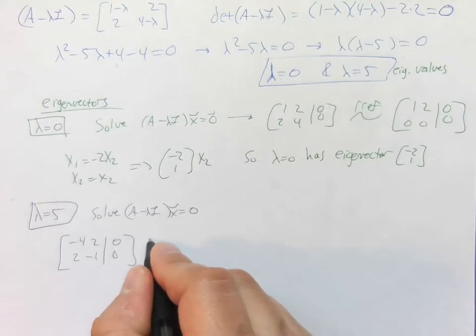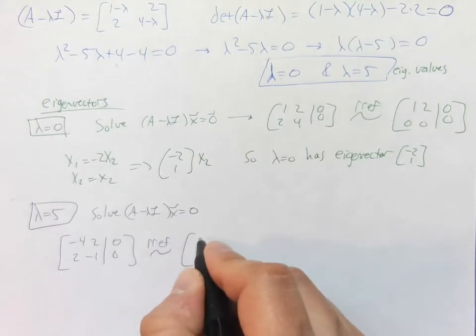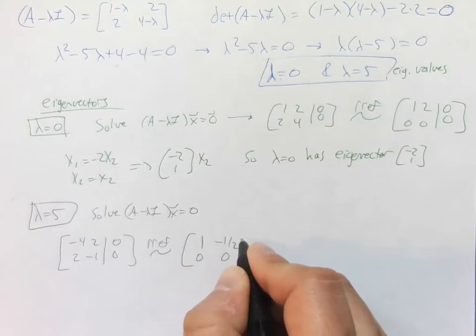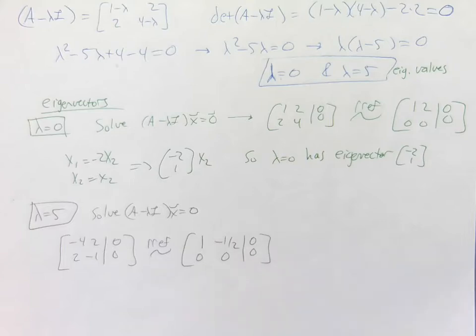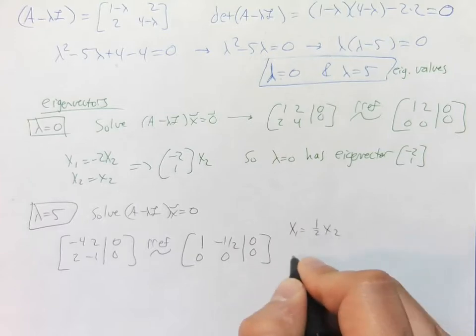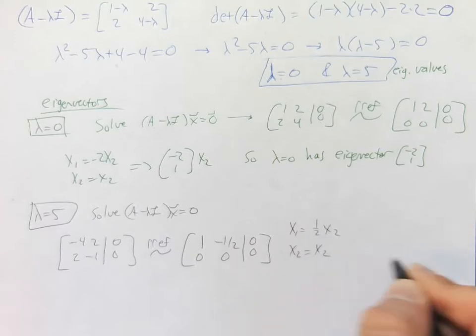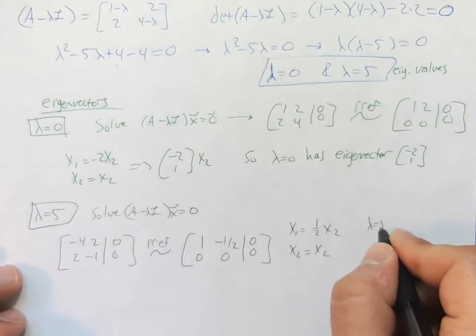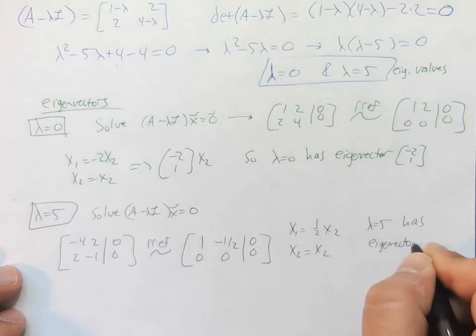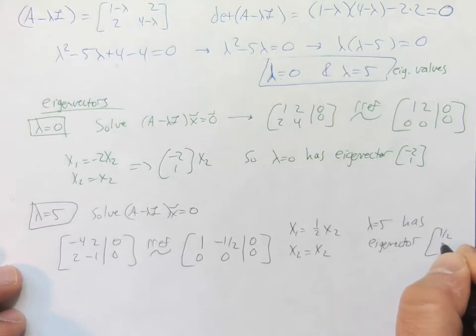We reduce it to get our solution. So this becomes 1, minus 1/2, 0, 0. And that's a nice easy solution to figure out. We get x1 equals 1/2 x2. x2 is free. And so lambda equals 5 has eigenvector 1/2, 1.